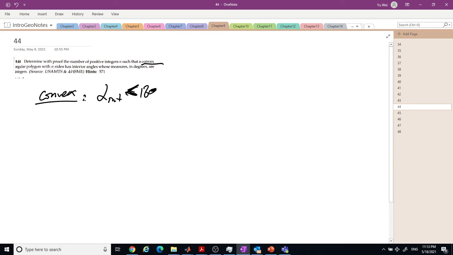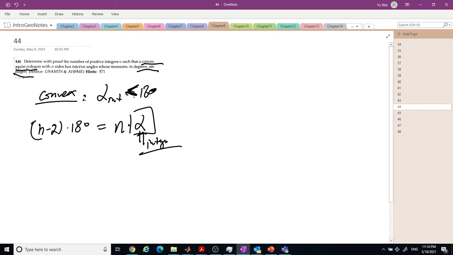The sum of all the angles, and the polygon is regular, so (n minus 2) times 180 is equal to n times alpha. We need this to be an integer.